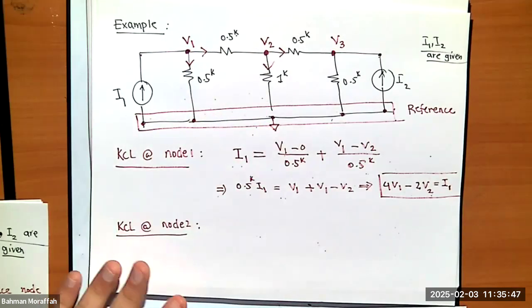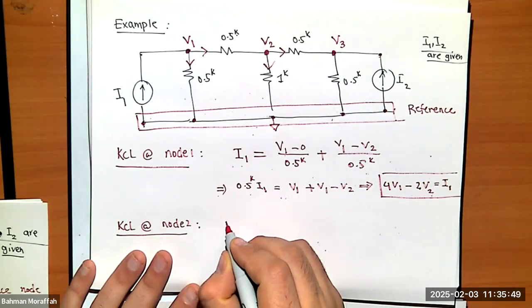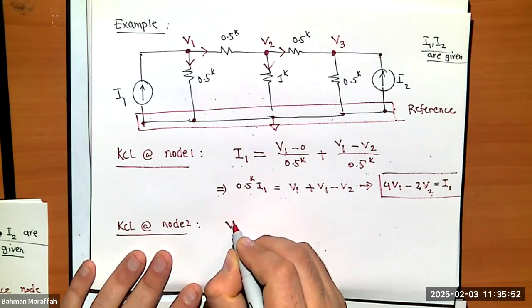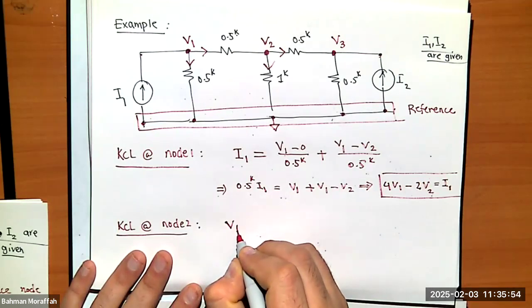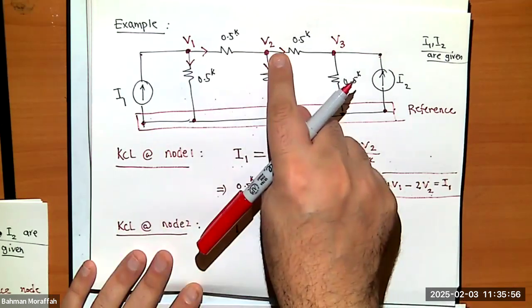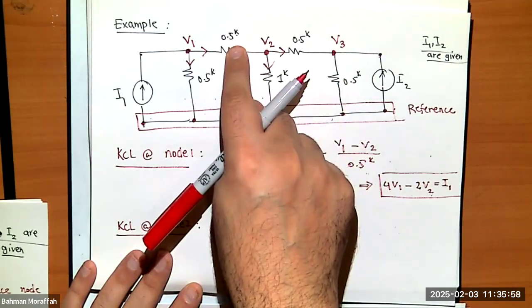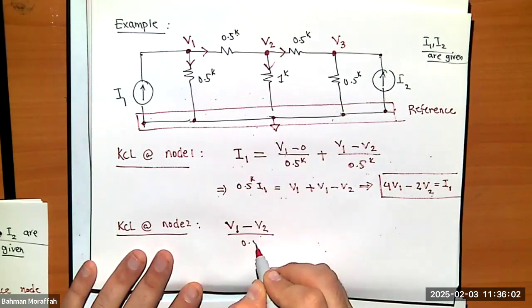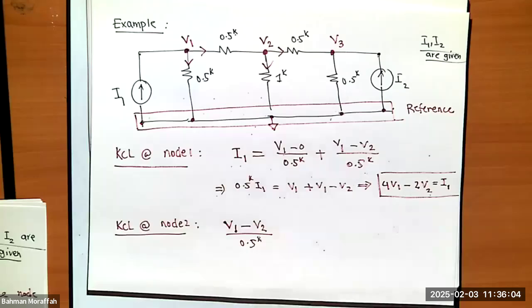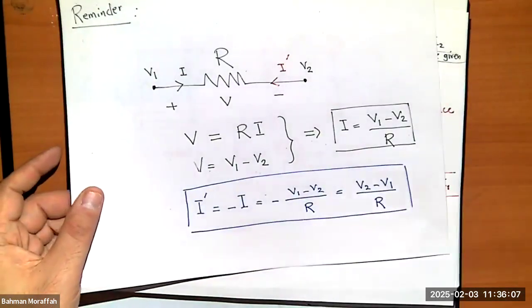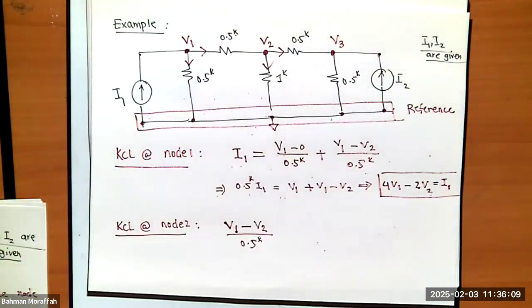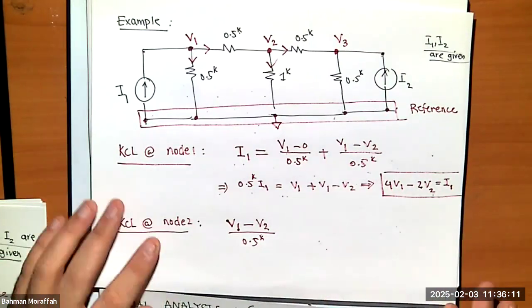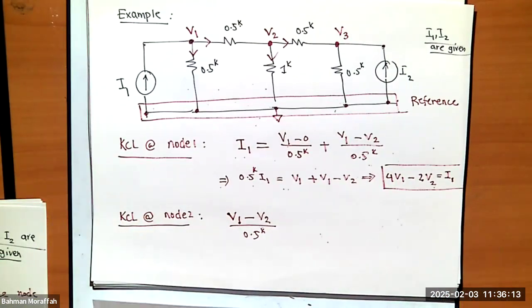What's the current? It's V1 minus V2 divided by half, right? Remember, this is how we compute current. Do I have anything else that's going in? No, everything else is going out.